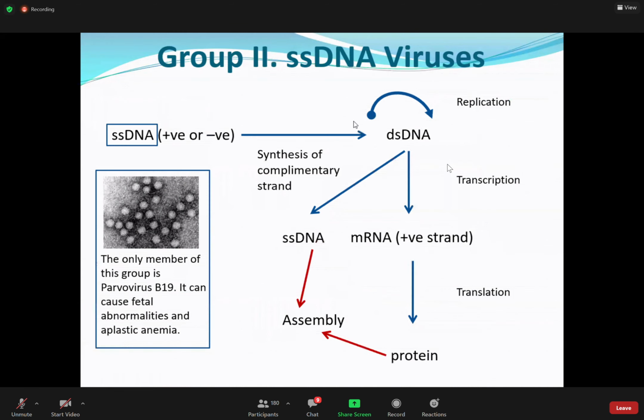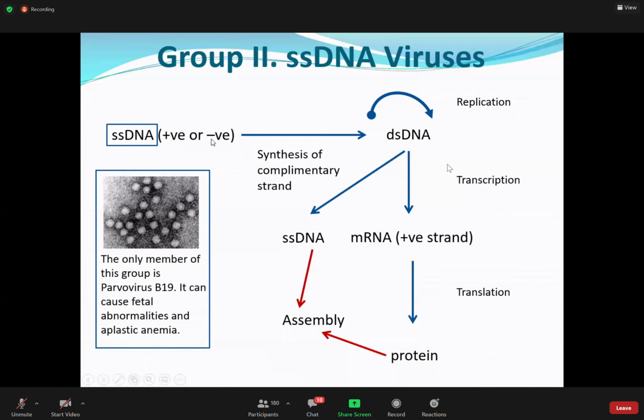For single-stranded DNA viruses, the example is parvovirus, which can cause fetal abnormalities in pregnant mothers. This is essentially a single-stranded positive or minus strand. Remember, to create more strands from a single strand, you need to create the complementary strand.